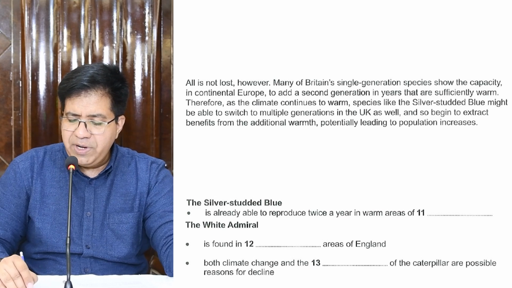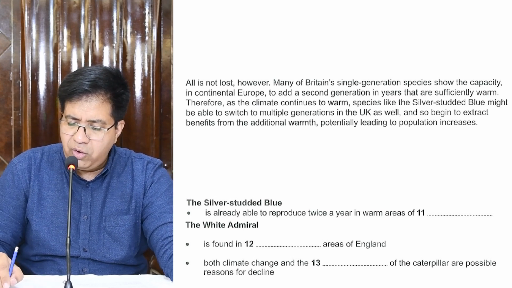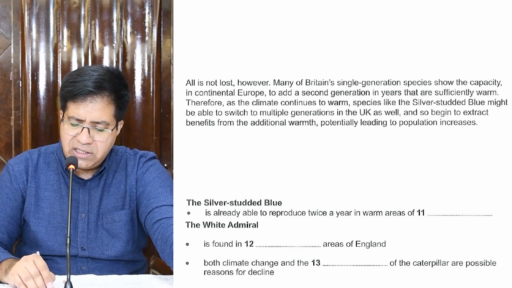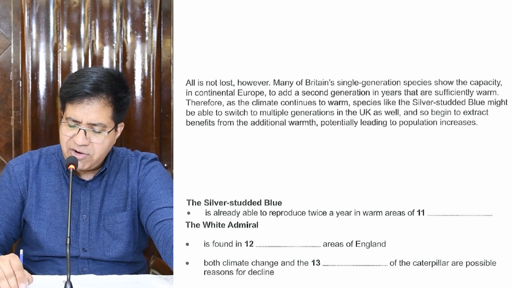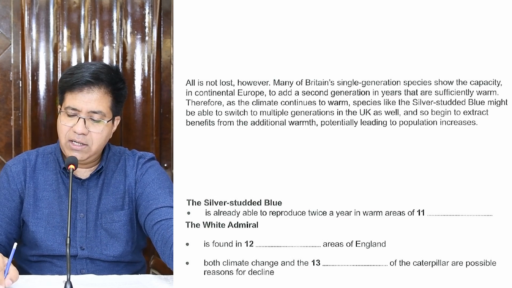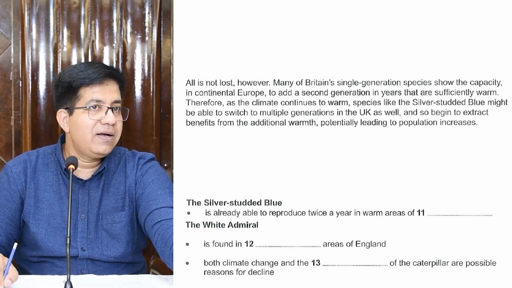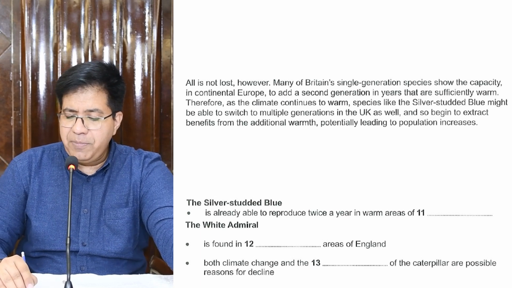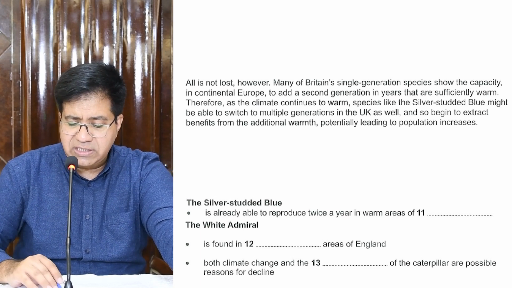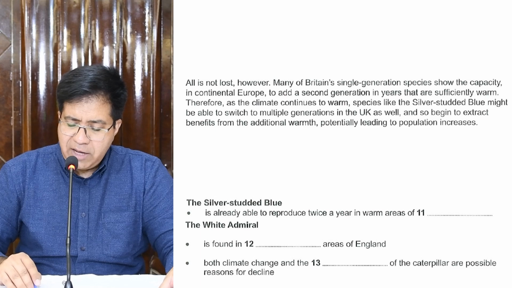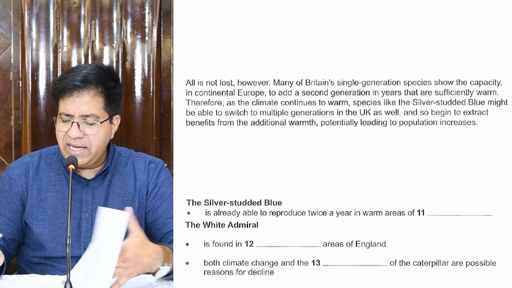However, many of Britain's single generation species show the capacity in continental Europe to add a second generation in years that are sufficiently warm. Now, what's the answer? The answer is in these two lines. Well done. All is not lost. However, many of Britain's single generation species show the capacity in continental Europe. What's the question? Is already able to reproduce twice a year in warm areas of Europe.